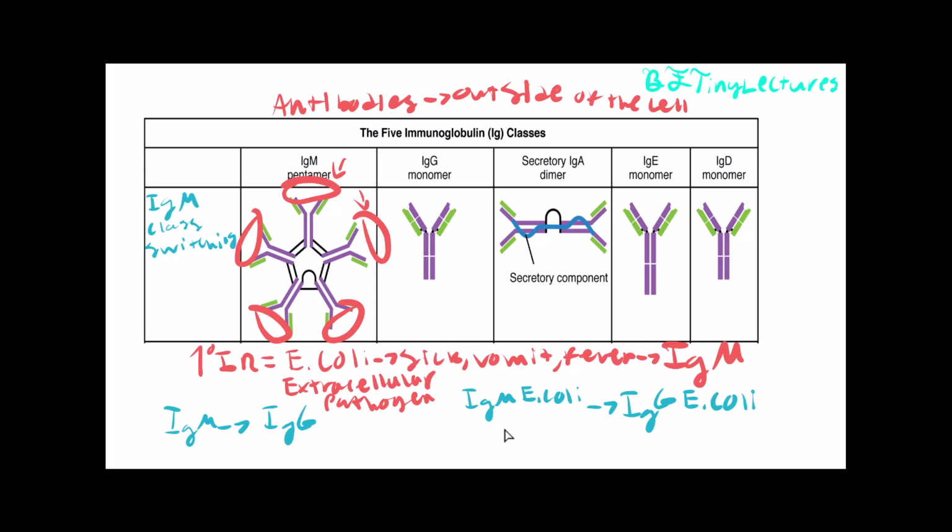And I don't have to be IgG, I can be IgA, I can be IgE. So it really depends on what I want to become. So IgM can become this guy, it can become IgA, and it can be IgE, depending on what the immune response is.